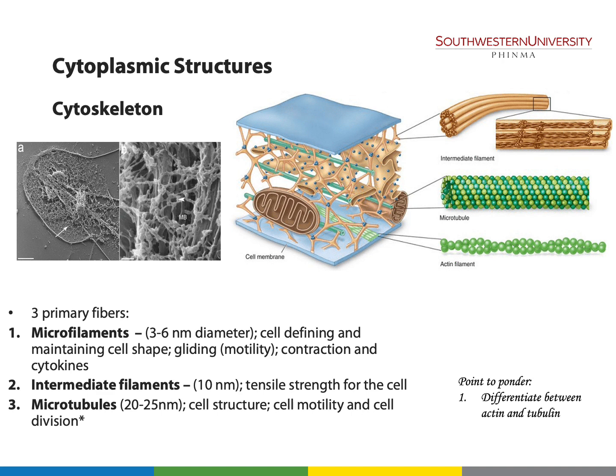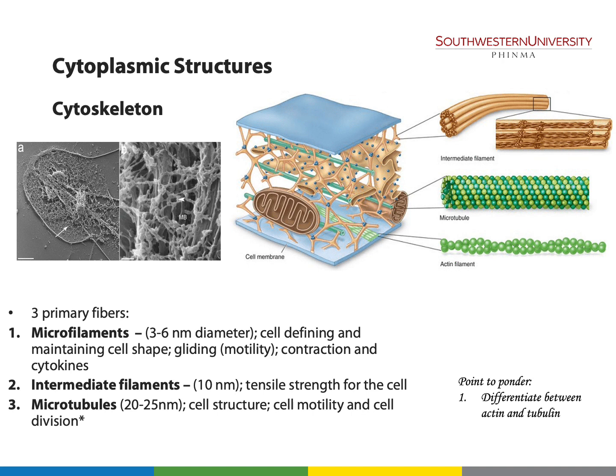The last cytoplasmic structure is your cytoskeleton. Your cytoskeleton is a three-dimensional structure that fills the cytoplasm, a system of fibers. You have three types of fibers in your cytoskeleton.